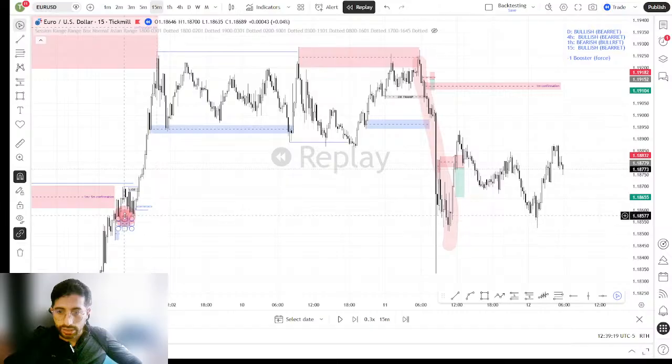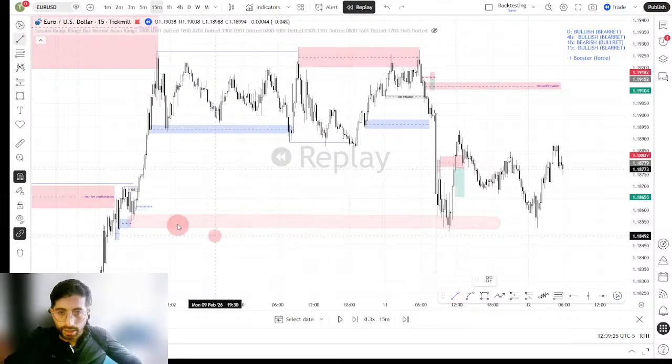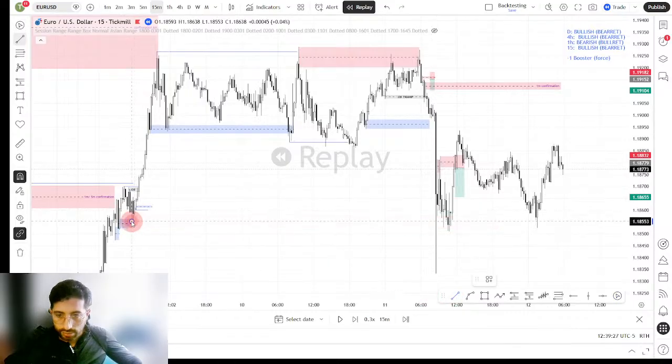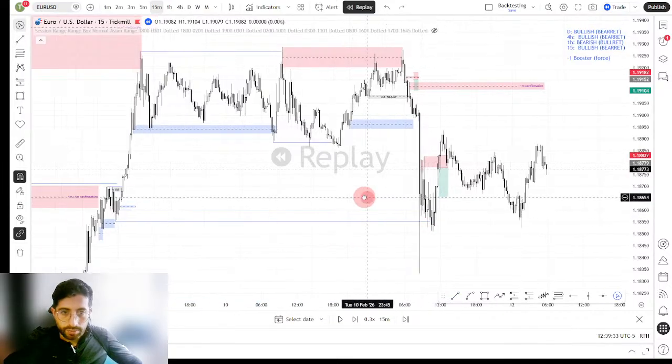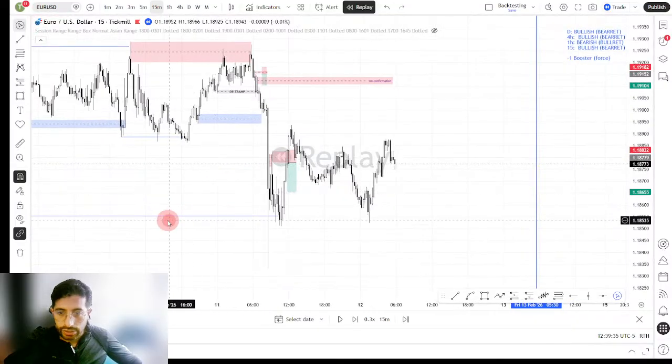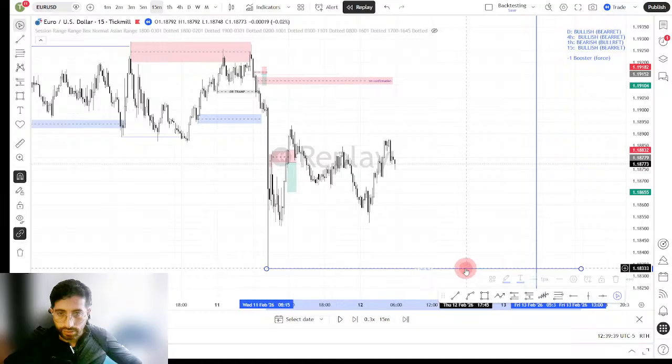Now, if you see here, this is the range in 5 minutes, and it's completely broken by a body of a candle, this one. Boom. Since we got this breakage, we are in a bearish 5 minutes range, which is from here to here.